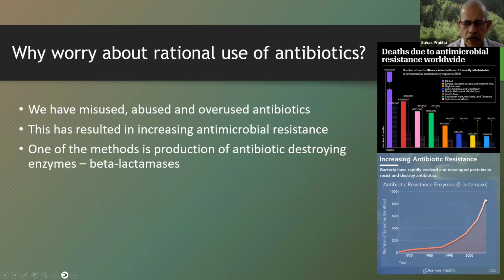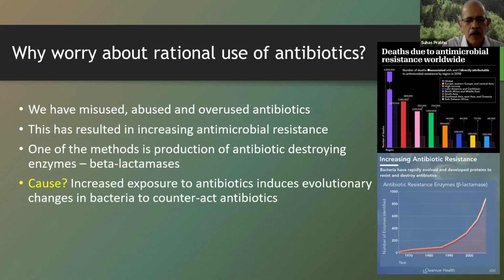So organisms are getting smart. They are able to produce more and more beta lactamases that can destroy antibiotics and prevent them from working. And why has this happened? This happened because they have been exposed to antibiotics.